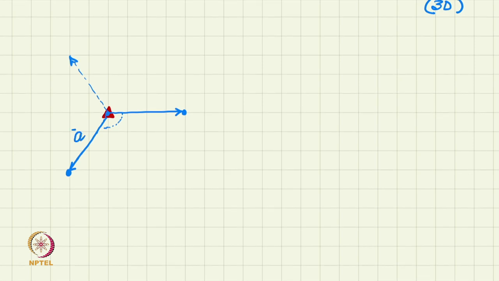So, again you see that threefold is also demanding that A and B are equal, meaning you can write it as modulus of vector, or commonly simply A equal B, but now gamma is equal to 120 degrees.